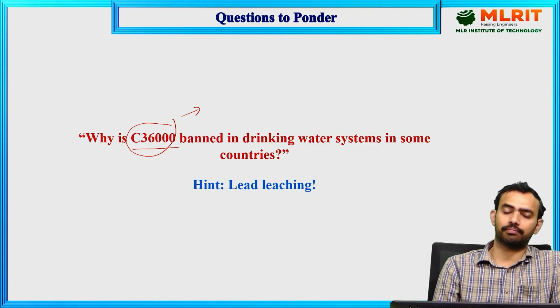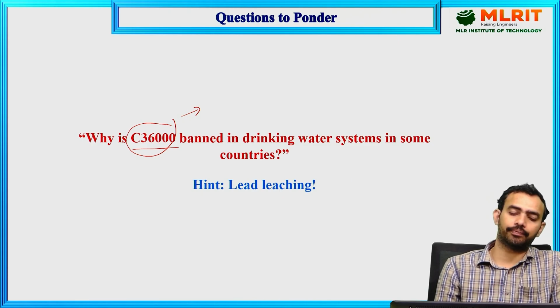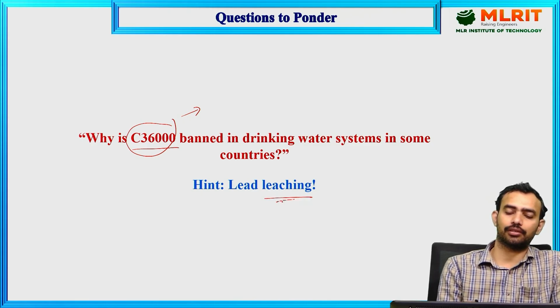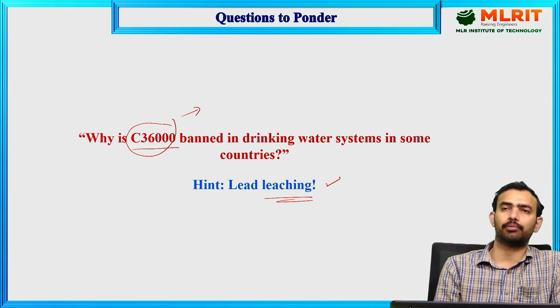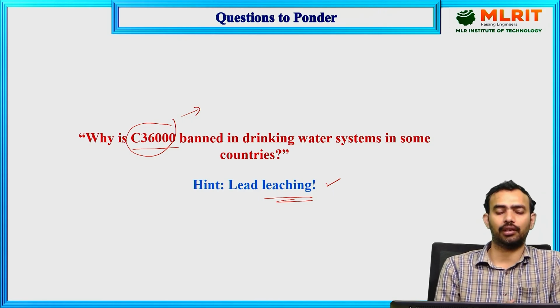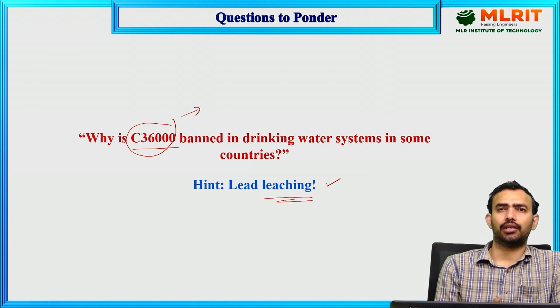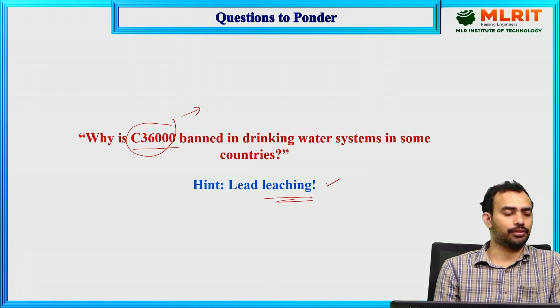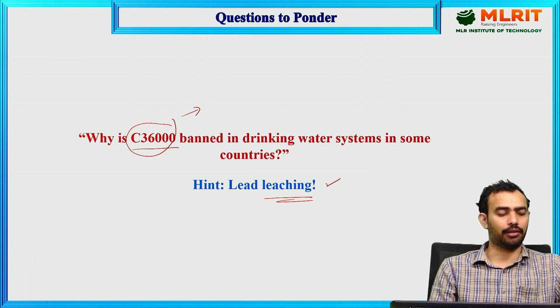What is the issue with it? A hint is also given: the problem of lead leaching. So what is the problem with lead leaching? You know the reason. I would like to see your responses in the chat.